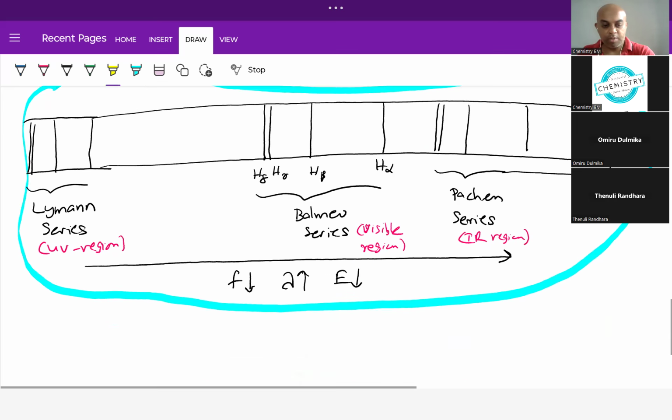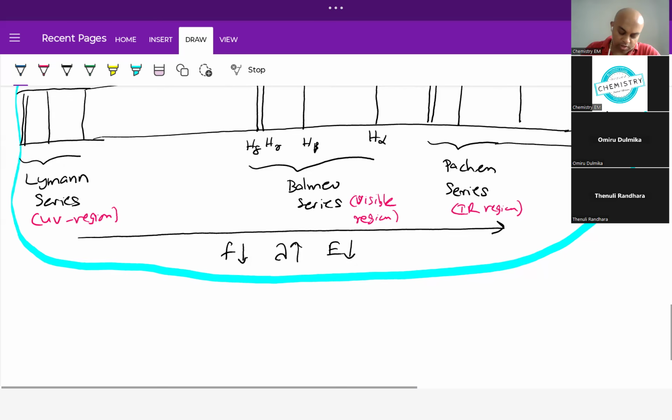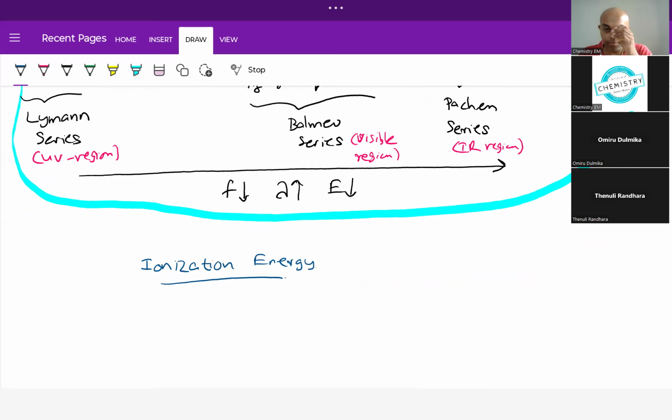So this one is very important one, and you need to understand very carefully on this hydrogen emission spectrum, right? Now write the topic ionization energy. Ionization energy, right?